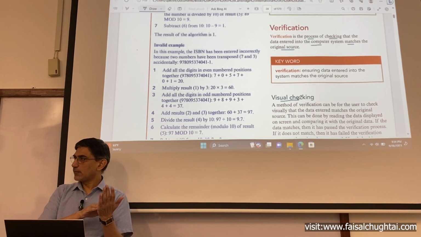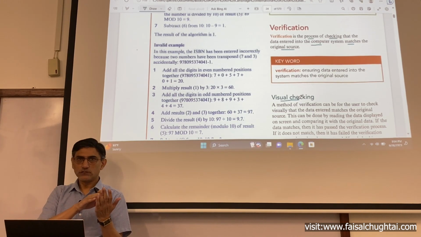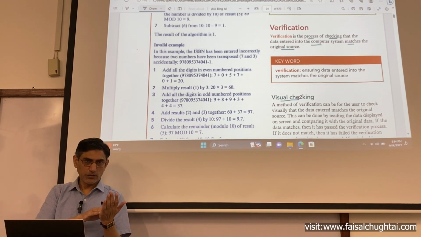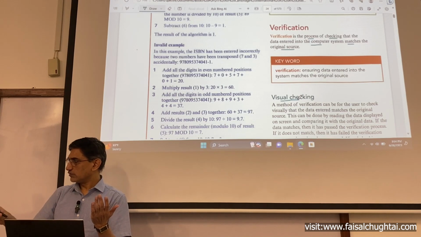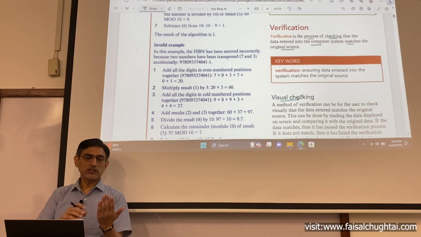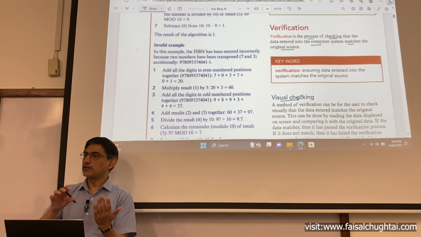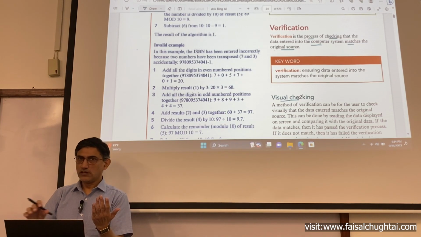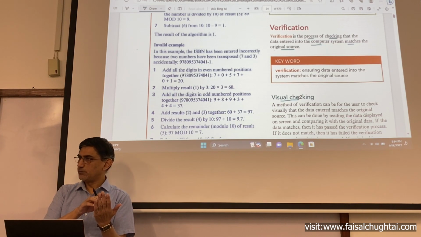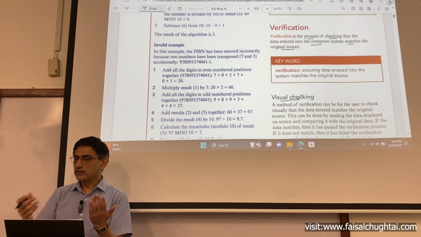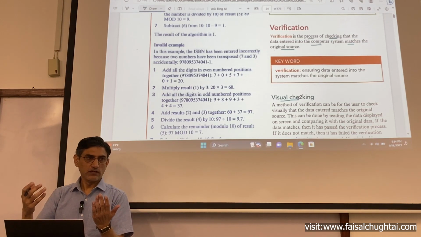Maybe something which is written on a paper. I have some data on a paper and I'm copying that data from the paper to the computer. So I'll look at the paper and then I'll type it in the computer. What I need to make sure is that whatever is on the source document has been accurately typed into the computer. This is visual checking.